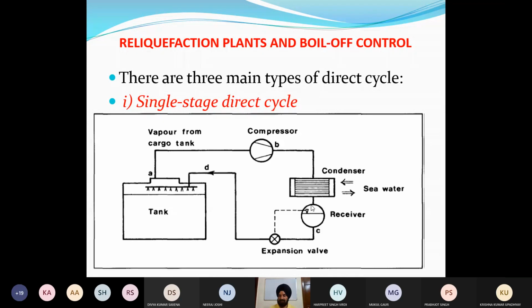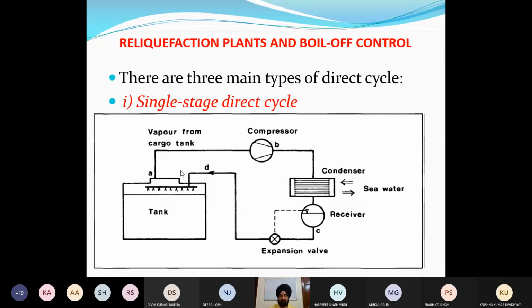So this partially liquid or gas is passed through the expansion valve. Immediately temperature is lowered and it is again totally converted back to the liquid. Then it can be sprayed, or it can be put inside the tank through another pipeline. If you spray, then vaporization happens. So it depends. Basically this is a system to convert these vapors back so that no high pressure develops in the vapor space of the cargo tank where you are carrying this cargo.